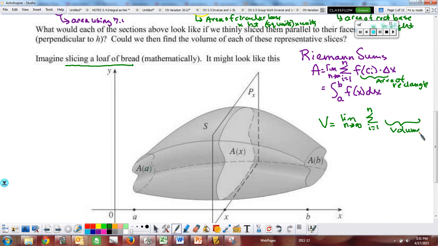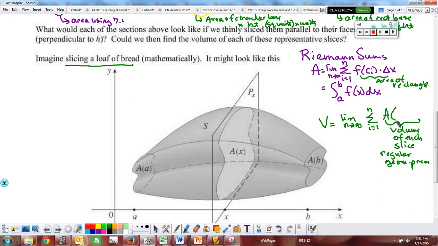volume of each slice. And each slice is going to be a regular geometric prism that we're going to have known geometric formulas to help us find. And then we remember, how do we calculate the volume of each regular geometric prism?